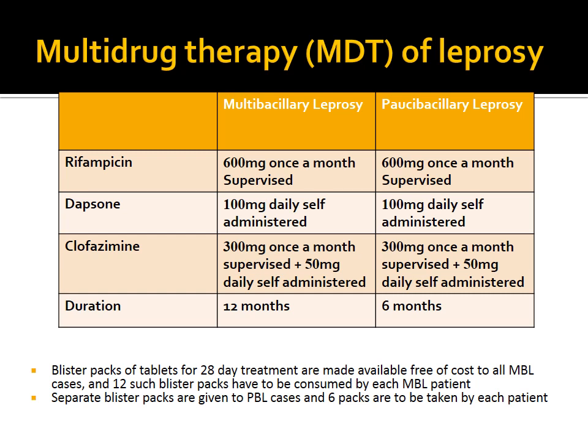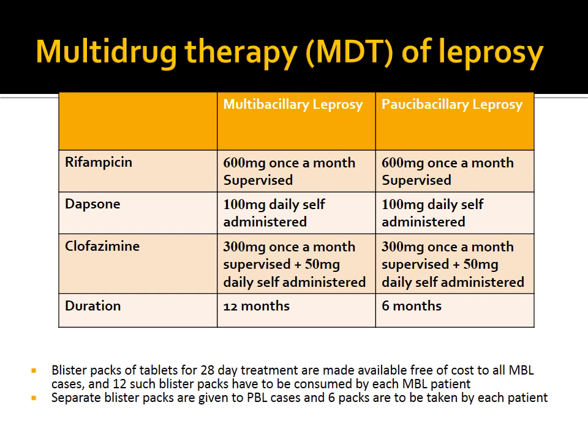Now the duration is 12 months in multibacillary leprosy and 6 months for paucibacillary leprosy. So Rifampin 600 milligram once a month, supervised. Dapsone 100 milligram daily, self-administered, and Clofazimine 300 milligram once a month, supervised, and 50 milligram daily, self-administered. Okay, 12 months in multibacillary, 6 months in paucibacillary.